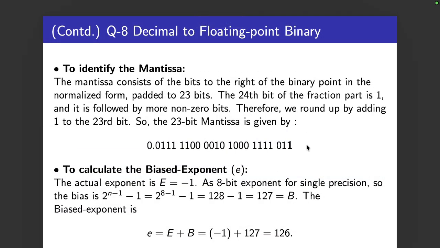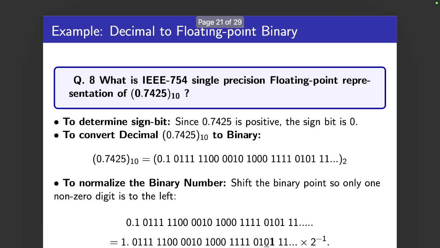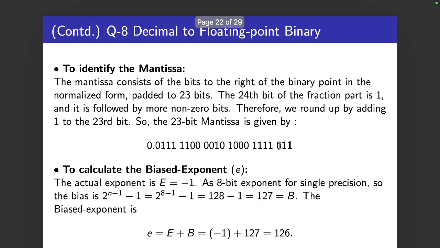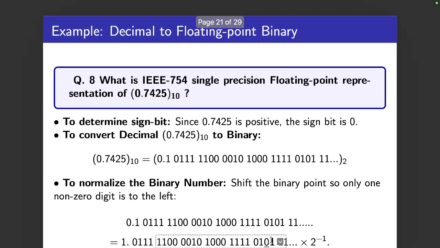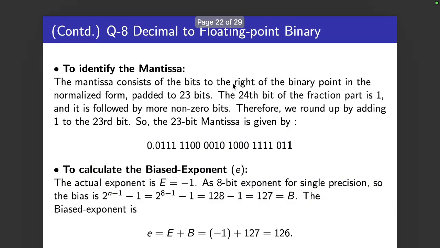So up to the last three places, 0 plus 1 is 1, and we get 0 1 1. We discard the carried 1. Adding 1 to this place, 0 plus 1 is 1. Discard this place, add 1, and round it up.